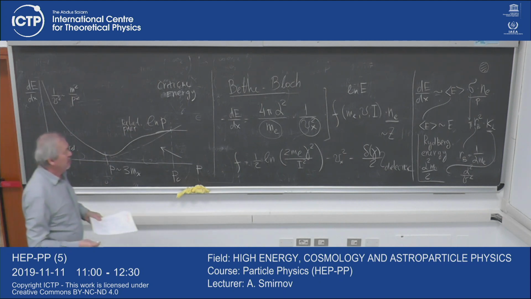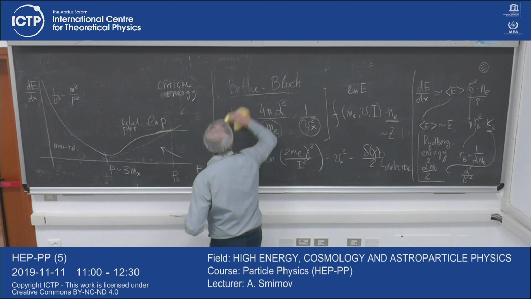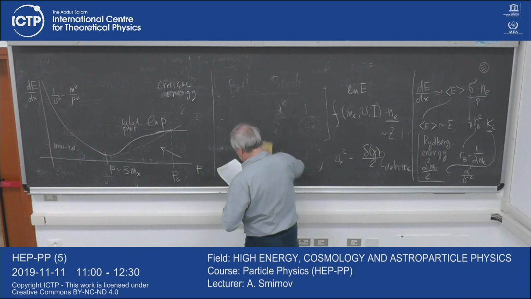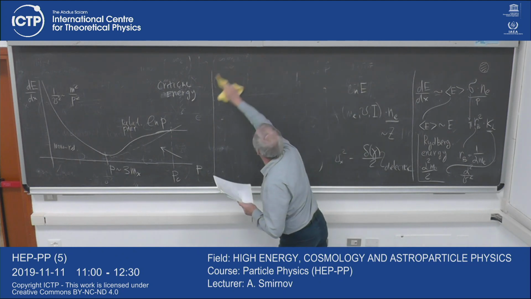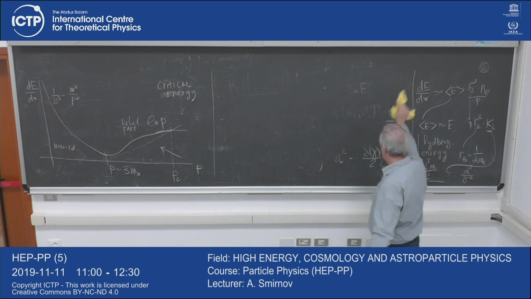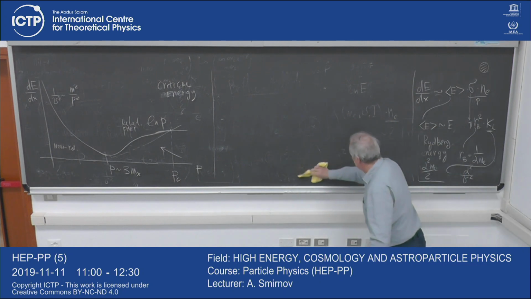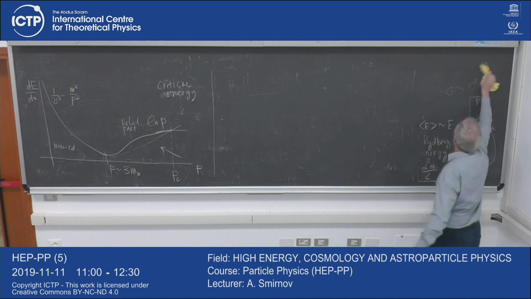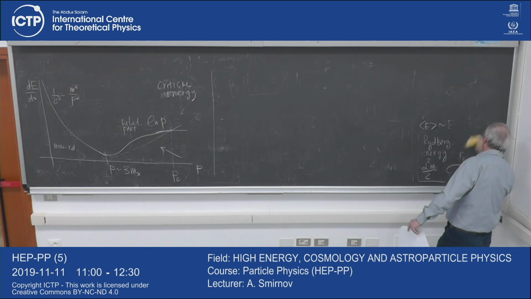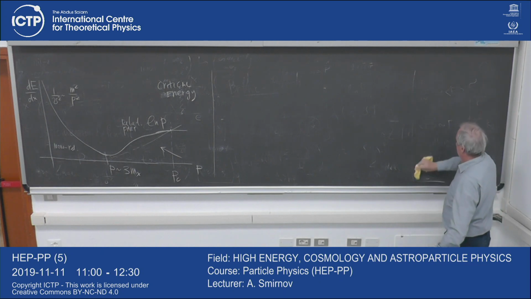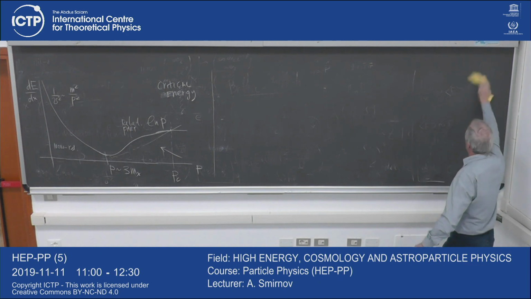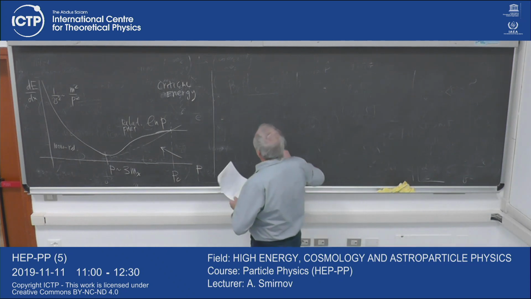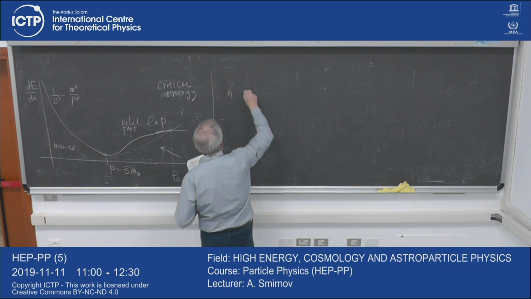Now let me give you some examples of this energy loss and critical energy. I will give these examples for proton and for electron. Let me first consider a heavy material like lead.